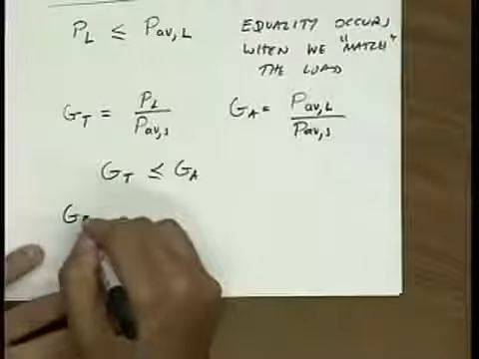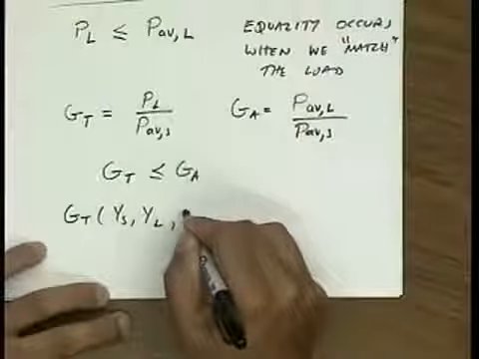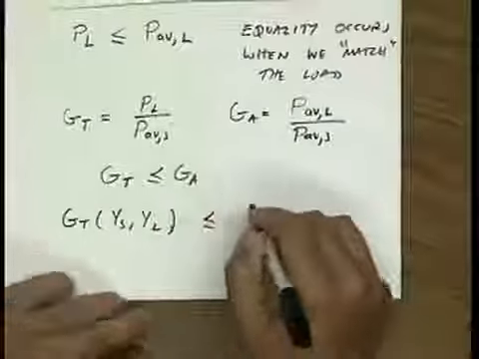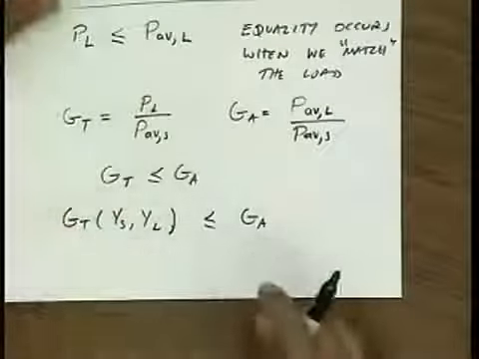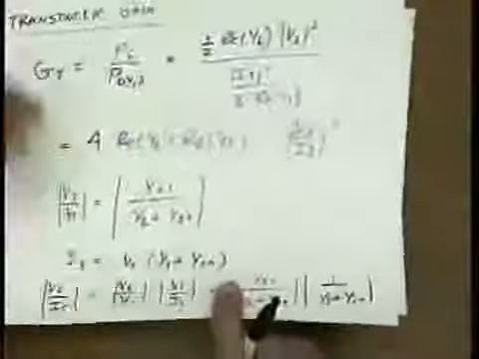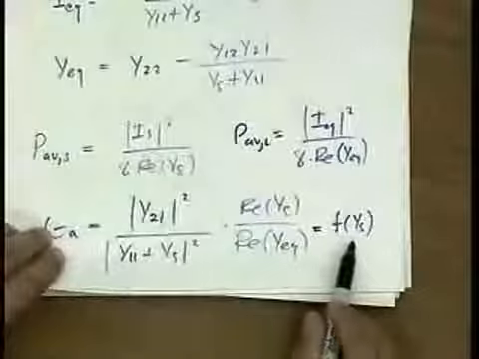And in fact, GT is a function of YS and YL, and it's always less than or equal to GA. If we go back, we can see that GA is only a function of the source.